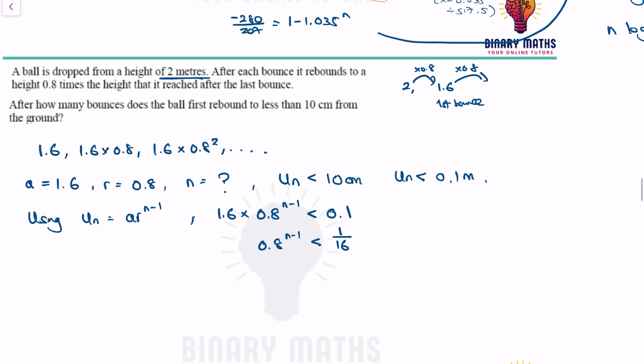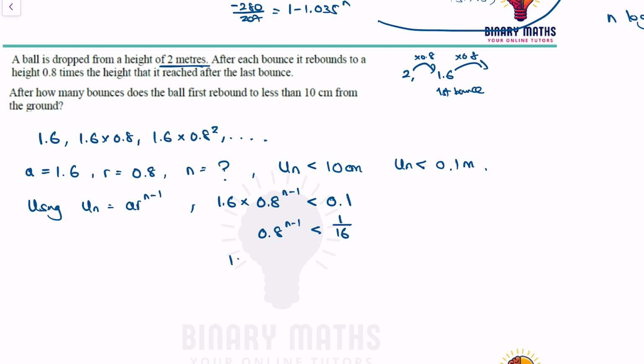Taking logs, N minus 1 times log of 0.8 must be less than log of 1 over 16.